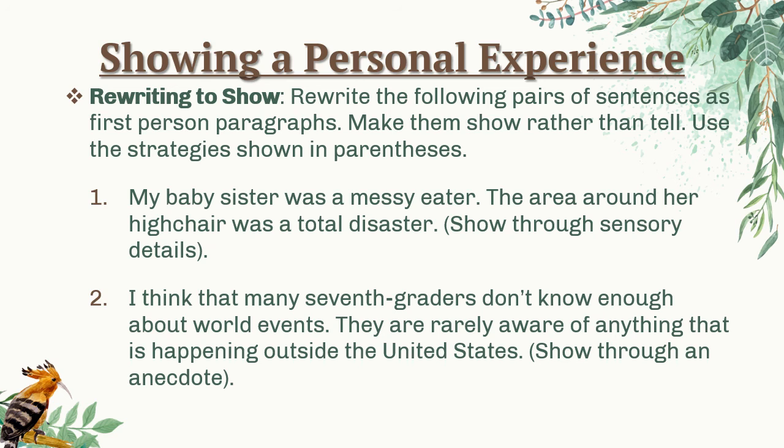The American 7th graders don't know much about anything that's happening outside the United States. You can tweak that. You can do that with Honduras, that you feel like people don't really know what's happening outside of Honduras or outside of Roatan. So show me that, though. Don't come out and tell me anything that's in these sentences.